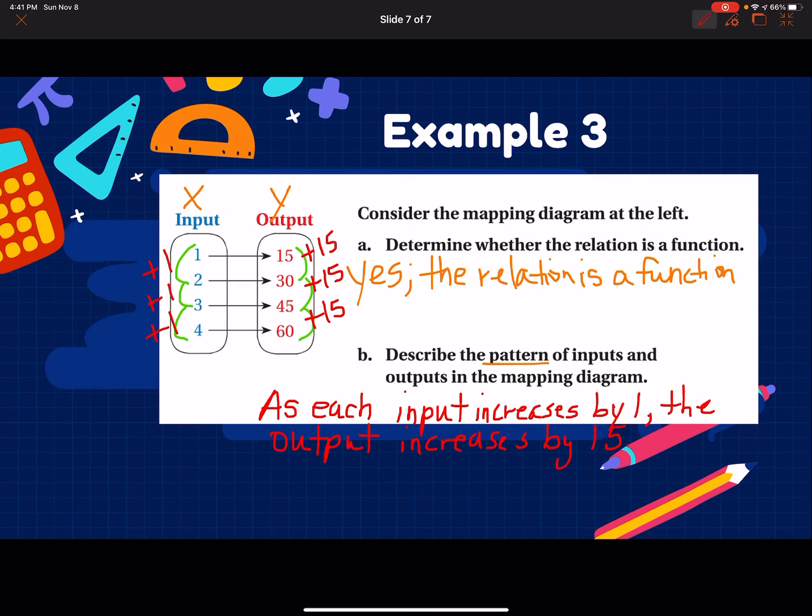So that's one way of describing the pattern of inputs and outputs in the mapping diagram.